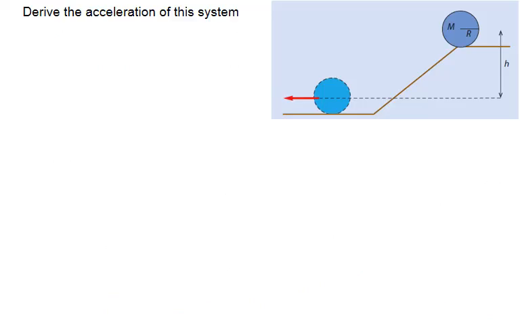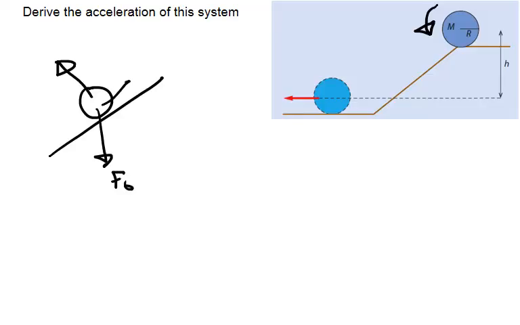So what I had the class do today was practice one on their own. This is a cylinder that's going to be rotating down the ramp. And you're going to treat this just like we just did. You're going to set up your sum of the forces, force of gravity, normal force, force of friction, and do your linear, and then come over here and do your angular.